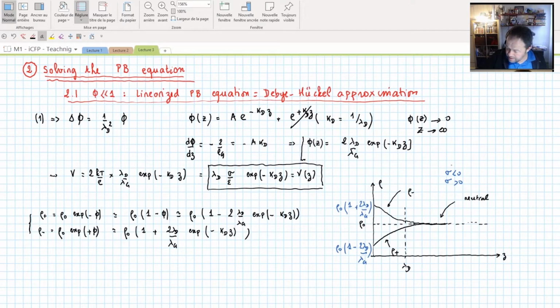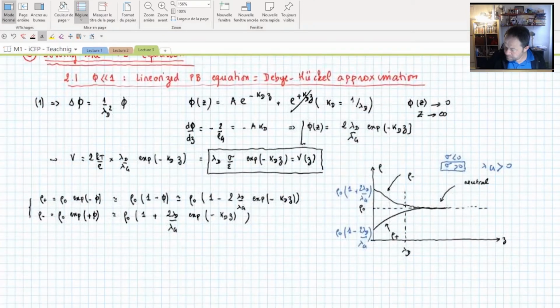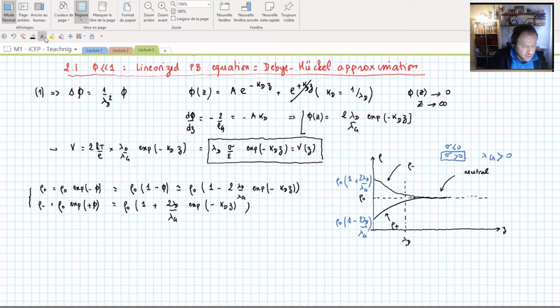Well, here I have written the situation where sigma is positive, which is lambda GUI is positive, and in this situation, what you see is that the density of negative charge is higher close to the surface than the density of positive charge, which is exactly the drawing that we could have.